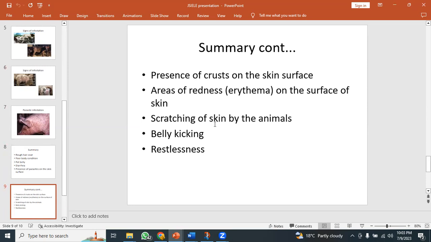And of course, if these parasites keep biting on the surface of the skin, the animal will be very uncomfortable and they will keep scratching the skin surface. Others will be belly kicking to show they are itchy or even painful. And they are also going to be restless. So those are just the general signs. If we study the specific parasites, then we will understand the specific signs of those parasites.